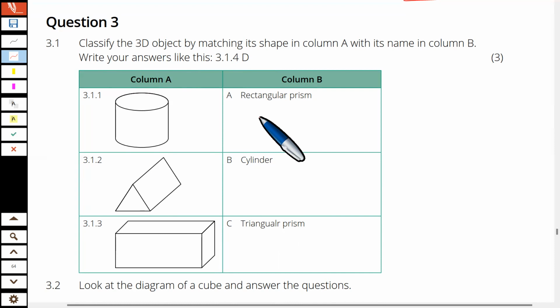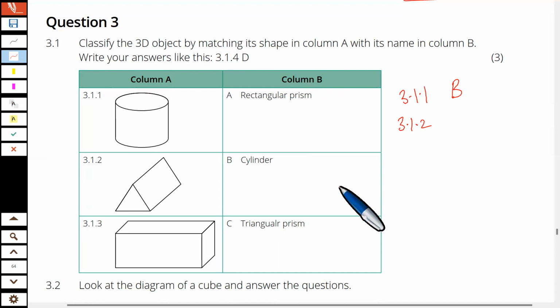3.1.1, what does it match with? A cylinder. It is certainly a cylinder. So in other words, 3.1.1, the option is B. 3.1.2, what do you call that one?